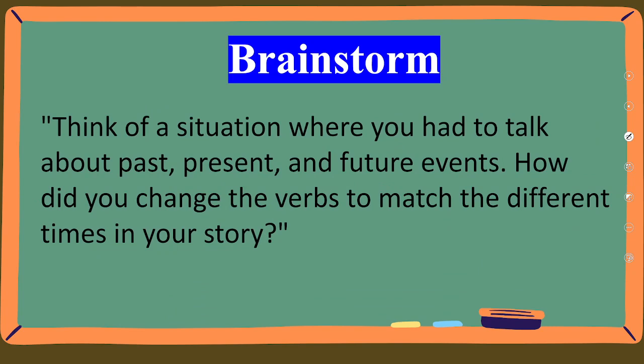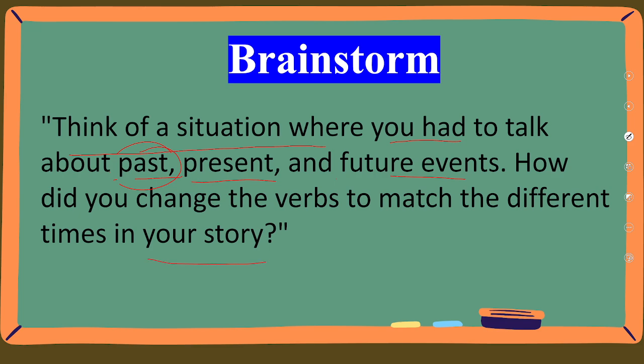Now, think of a situation where you had to talk about the past. Something or anything or action happened in the past, or present and future events. Now, how do you change the verbs to match the different times in your story?